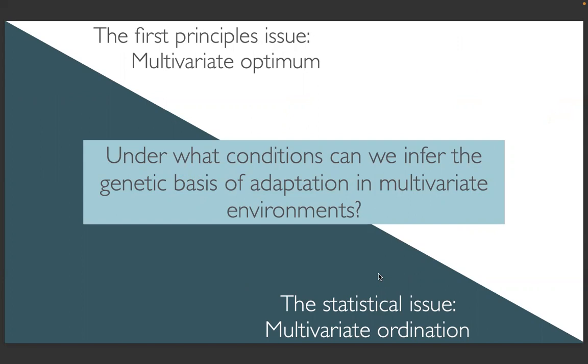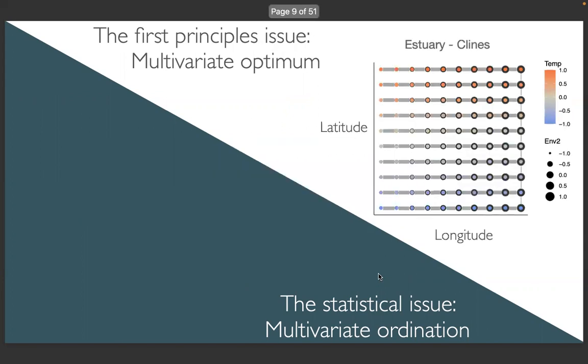And I'm going to come at this from a first principles perspective as well as a statistical perspective. The first principles issue is how genetic systems solve this problem of adapting to a multivariate optimum. So I'm going to use simulations to address this. And in the simulations, there's two environments, a temperature environment that has a latitudinal cline, and a second environment that in this example has a longitudinal cline that's shown by the thickness of the line around each population or deme.